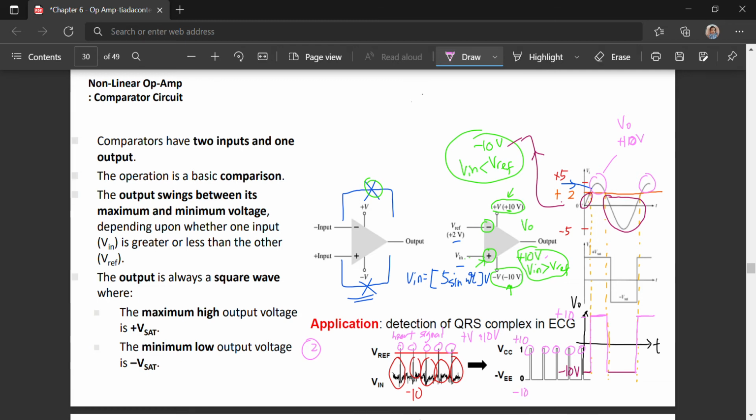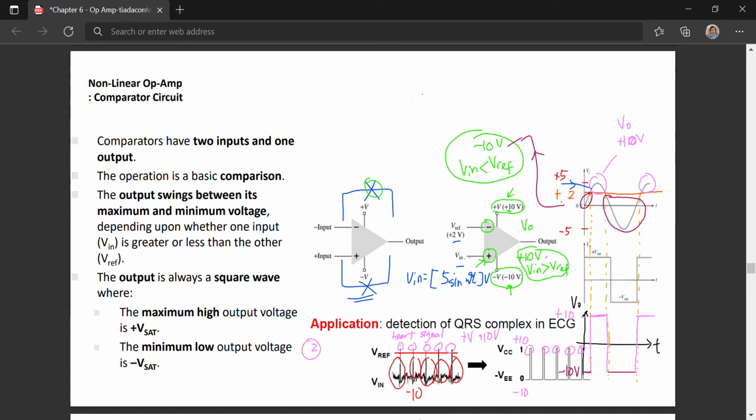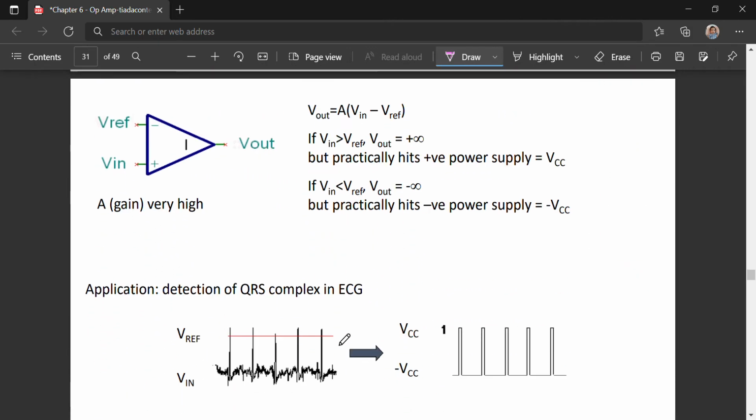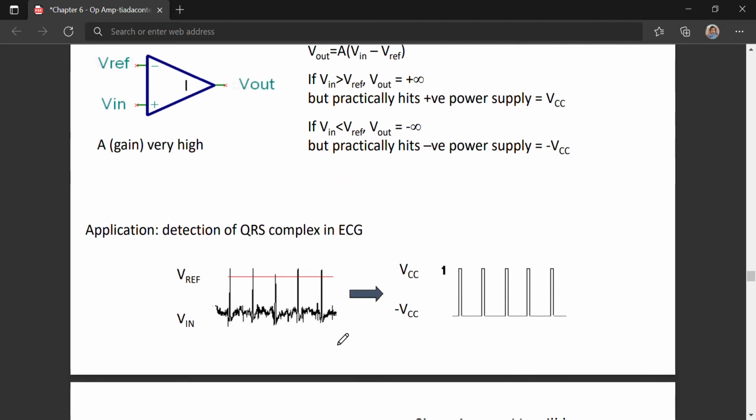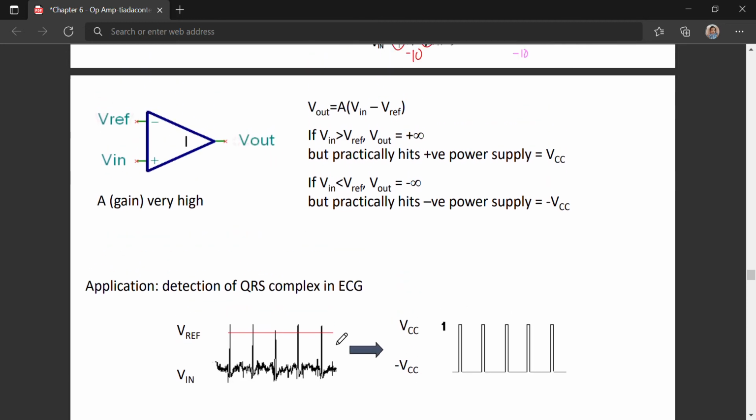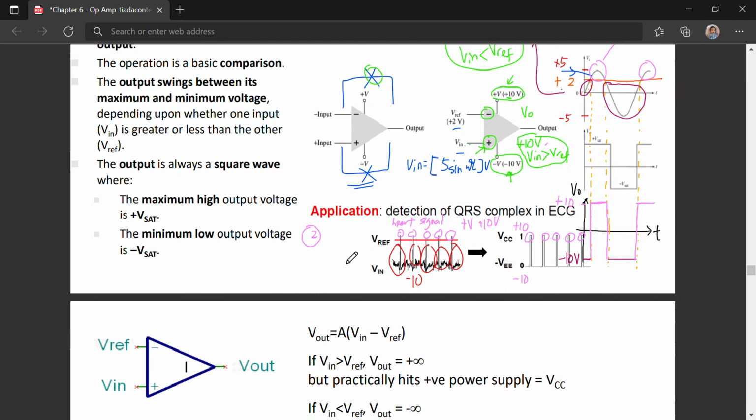Okay, this can seem like a digital signal, either 1 or 0. Okay, so same like this as well. This one you can draw the output. This is the second example like the previous slide.